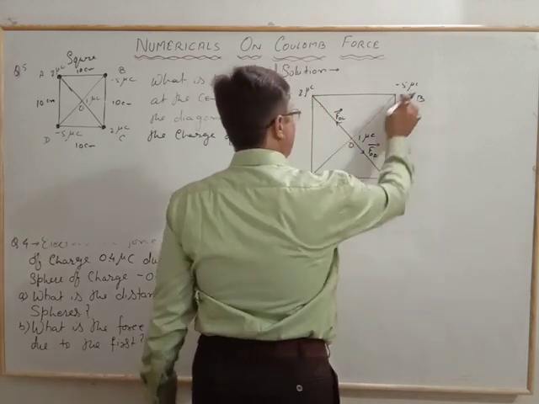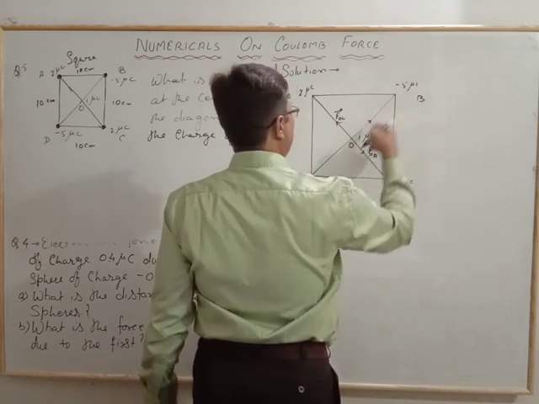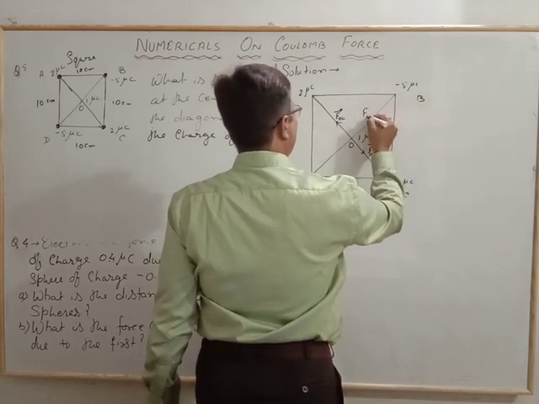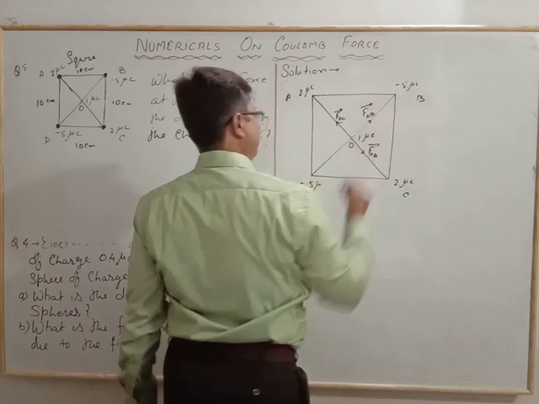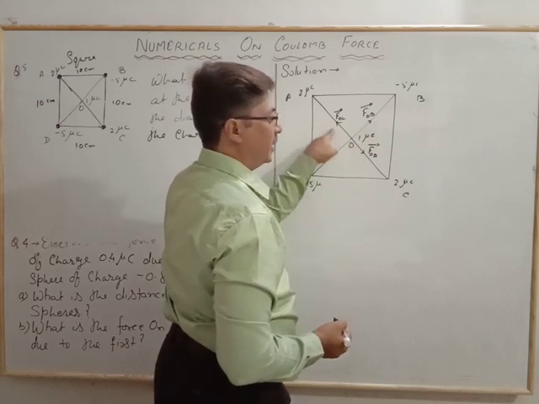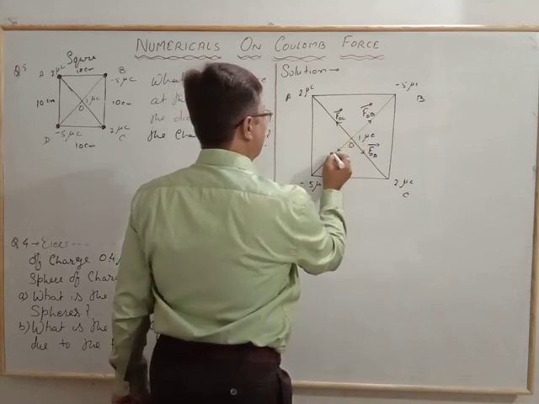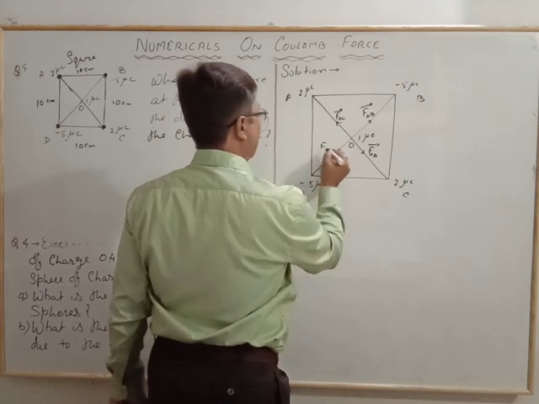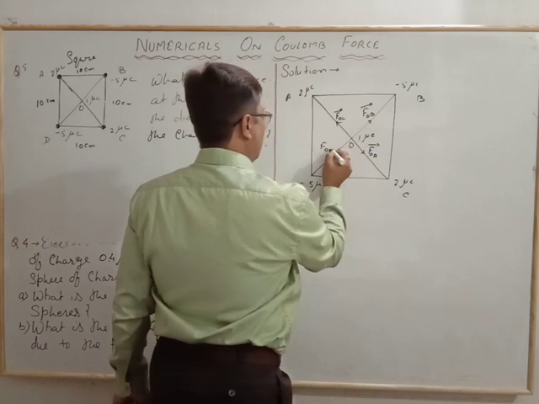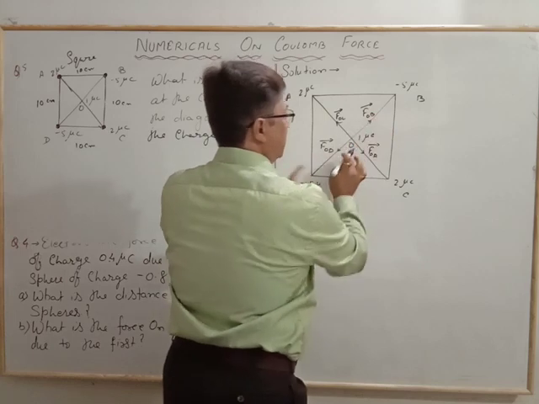Now here it is negative, and this one is positive, 1 microcoulomb. So there is attraction between this 1 microcoulomb charge and the minus 5 microcoulomb charge, and the force FOB is in this direction. Here in these two there is repulsion. Now here also the minus 5 will again attract the 1 microcoulomb, and the force we consider here is the force on the charge at O due to D. So what we observe, these two are again in opposite directions.